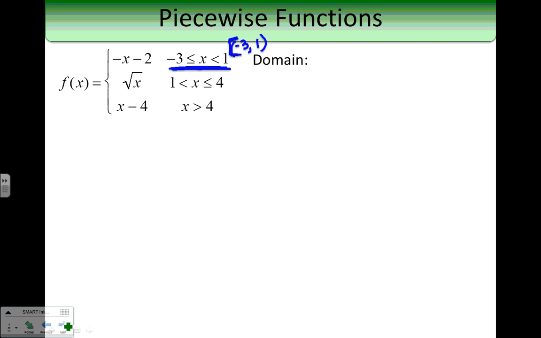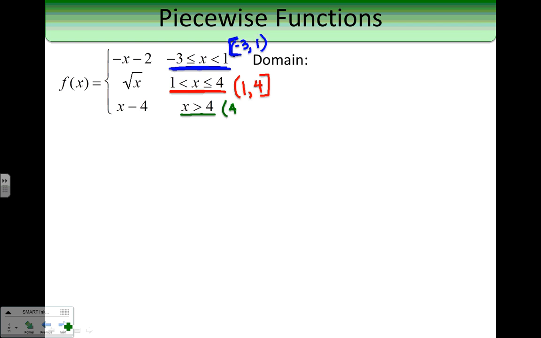The next one goes from 1 to 4. But again, it's just greater than 1, not greater than or equal to 1, and less than or equal to 4. And lastly, we have anything that's greater than 4.